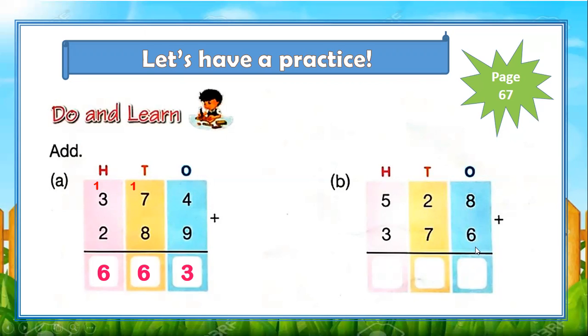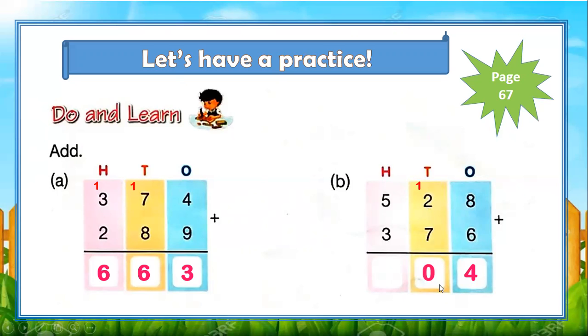Okay, next letter B. So what is 8 plus 6? Okay, so it is equal to 14 ones. So we need to regroup 14 ones. So we need to write carry 1 in the tens column. So it means we move 1 ten to the tens column. So 1 plus 2 is 3, plus 7 is 10.